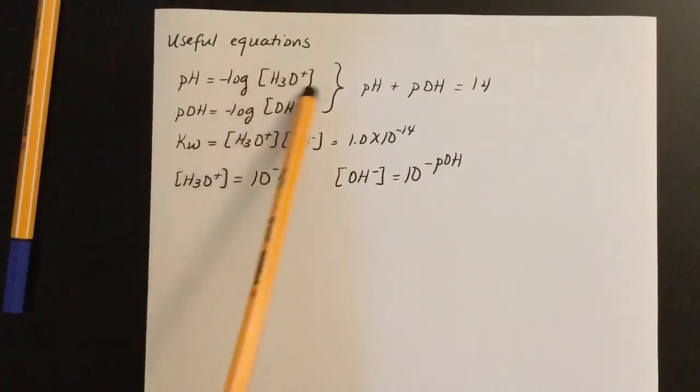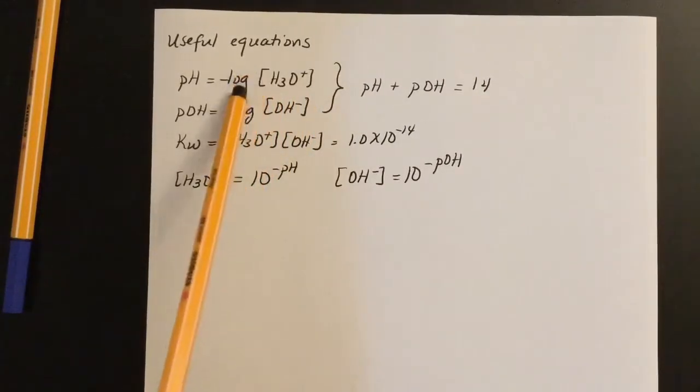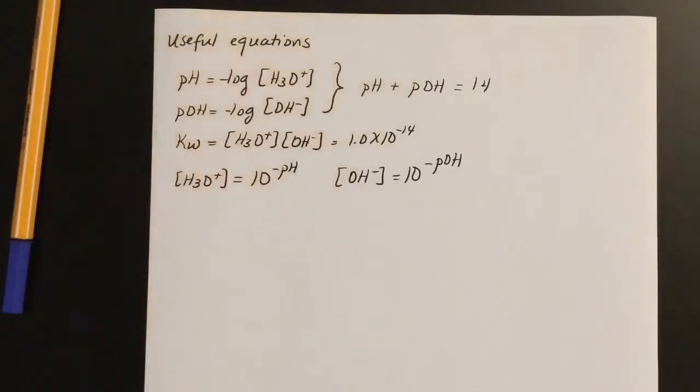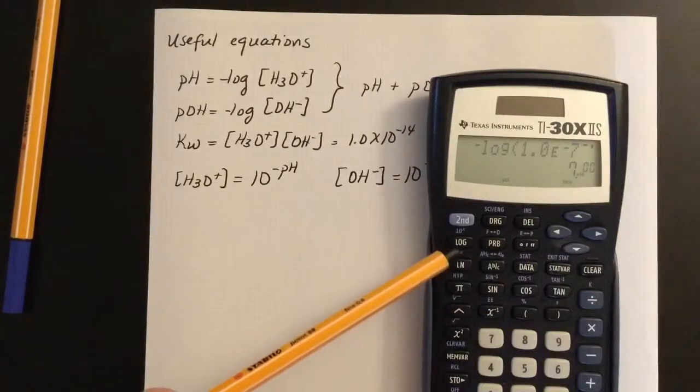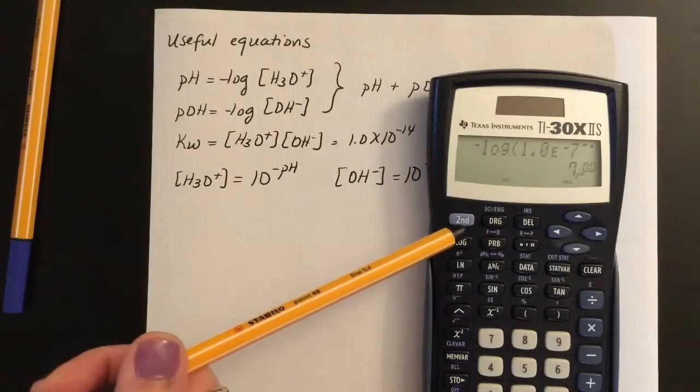Then I'm trying to find out hydronium, so I need to get rid of the log. The inverse function of your log here is 10 to the, you can check your calculator. Right there, this is my log, and the second function will be 10 to the.